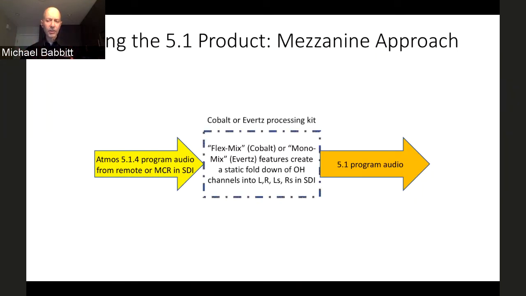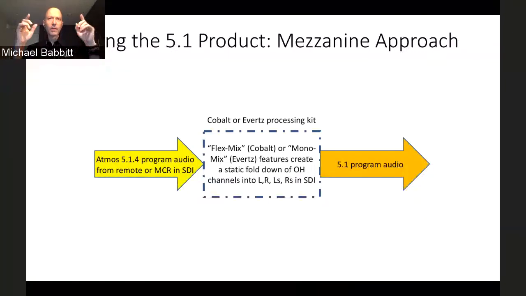And there are conventional methods to do this. There are a number of devices that are commonly available in the broadcast path. I've named 2 of them here from our friends at Cobalt and our friends at Evertz. They have features that allow what is kind of like a static fold down of those 4 channels into the corner channels of your 5.1.